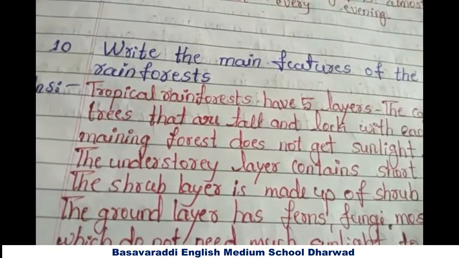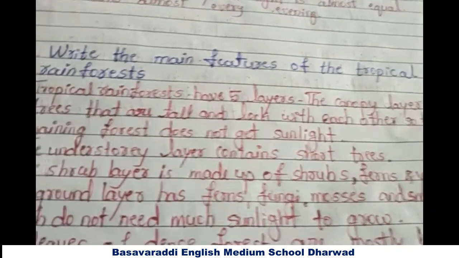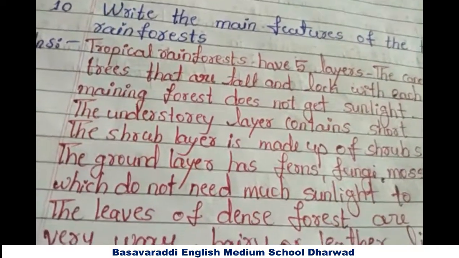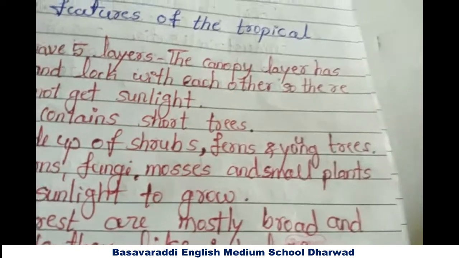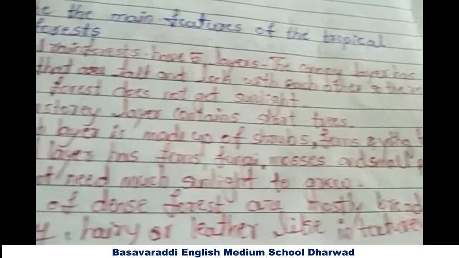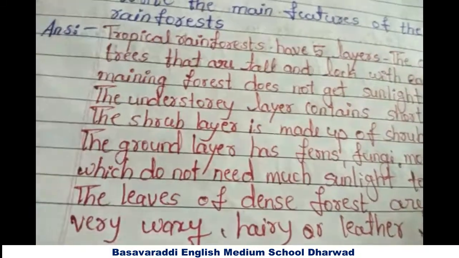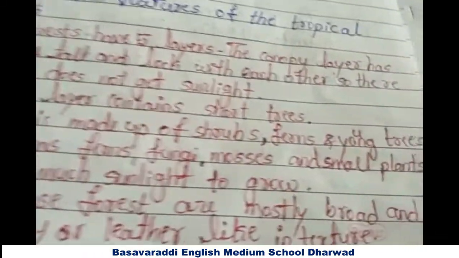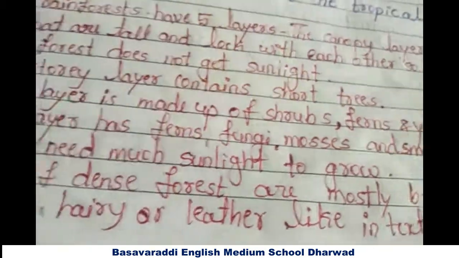The understory layer contains short trees. The shrub layer is made up of shrubs, ferns and young trees. The ground layer has ferns, fungi, mosses and small plants which do not need much sunlight to grow.